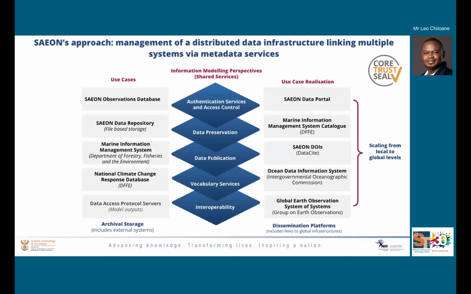So we've designed our infrastructure to cater to 5 use cases, or well, 5 perspectives around data access, focusing on authentication services and access control for sensitive data, data preservation for the long term, data publication and making it available, vocabulary services to harmonize the data within the infrastructure, and then interoperability to link multiple systems. In this way, we're able to support multiple data archival systems.